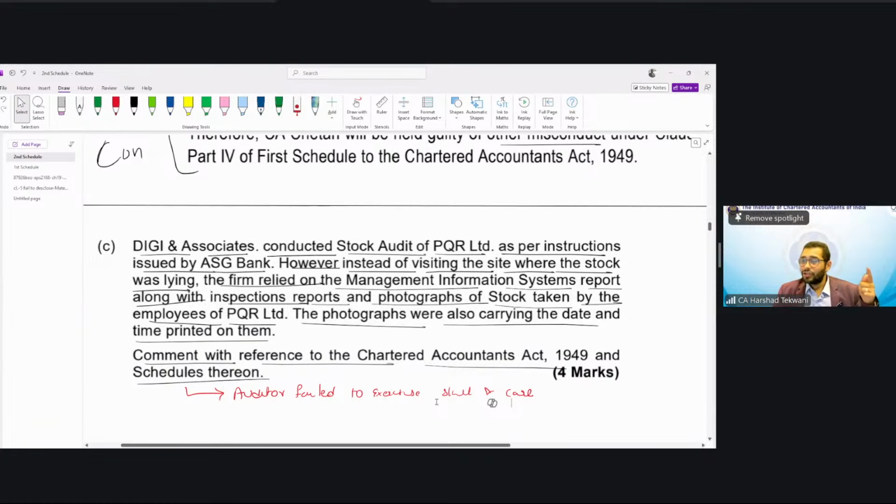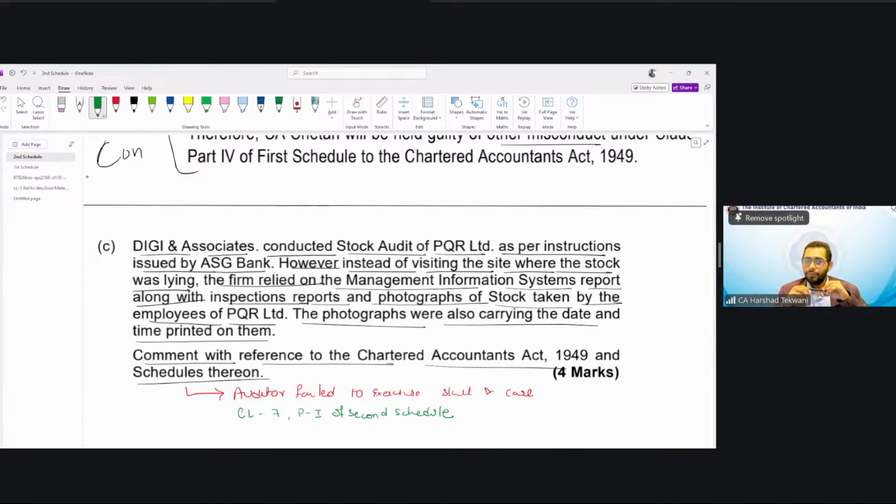And as a result, which clause will come into place? Quickly, which clause is the basis on which you will say that DIGI and Associates will be held guilty of professional misconduct? So it will be clause 7, Part 1 of the Second Schedule to the CA Act. Now, some may ask, sir, why not clause 9?